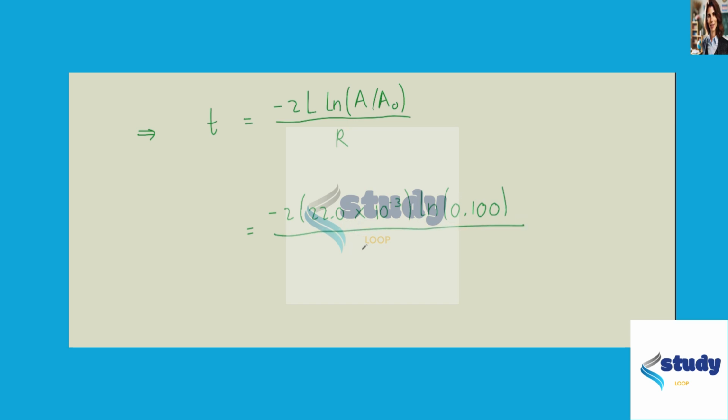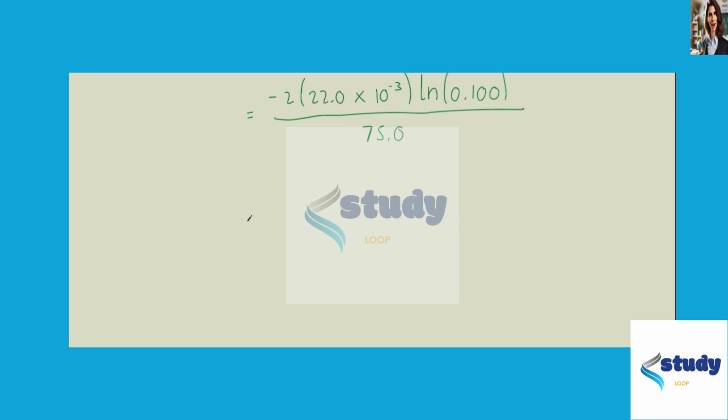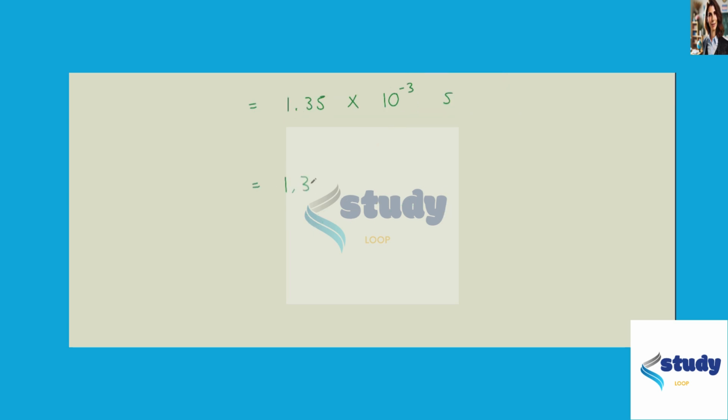The resistance we know is 75 ohms, and hence we get the time for the amplitude to drop to 10% of its initial value to be 1.35 times 10 to the minus 3 seconds, which again is simply 1.35 milliseconds.